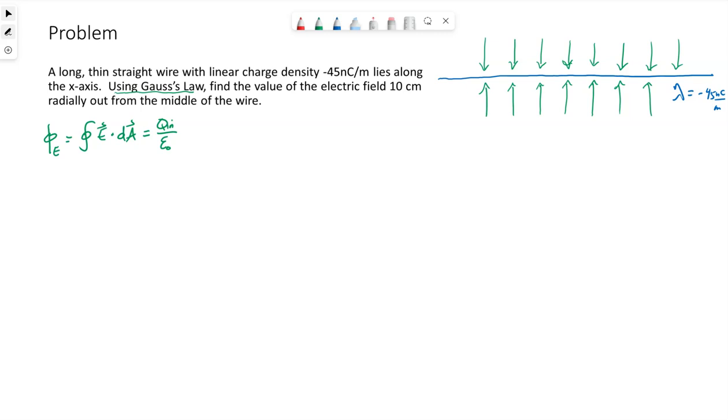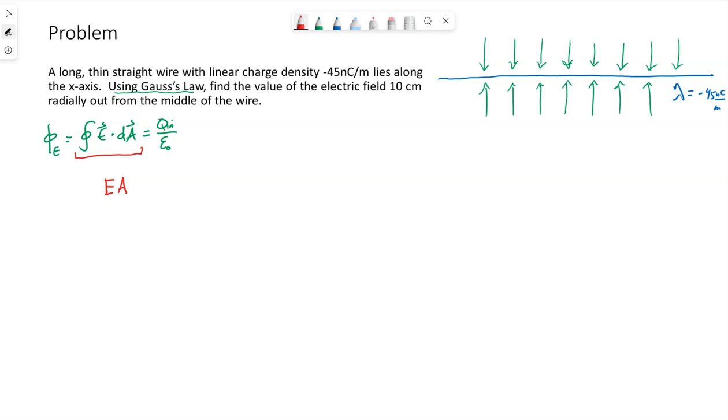Okay, if we're trying to find electric field using Gauss's law, we're doing so using symmetry, where we can simplify the integral down to just being E times A. Now, we can't do that just because we want to.